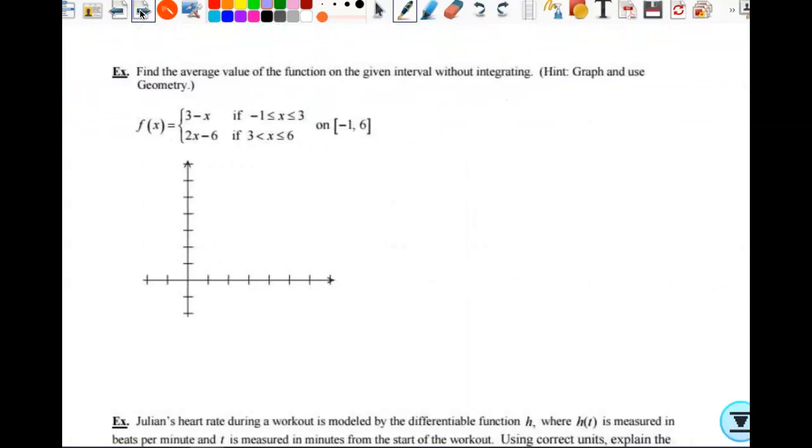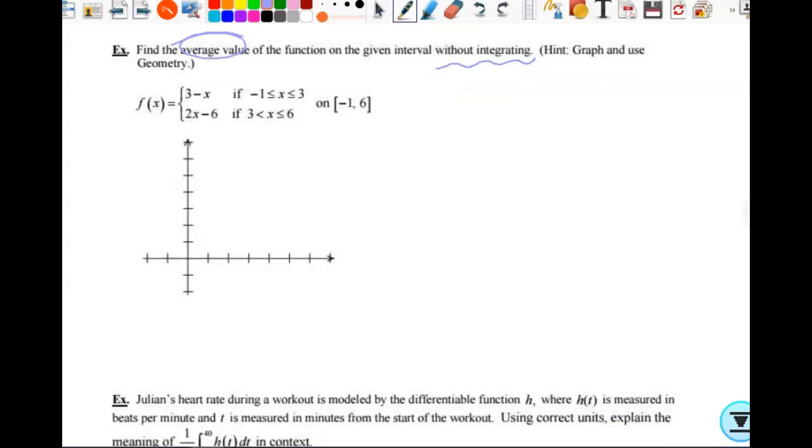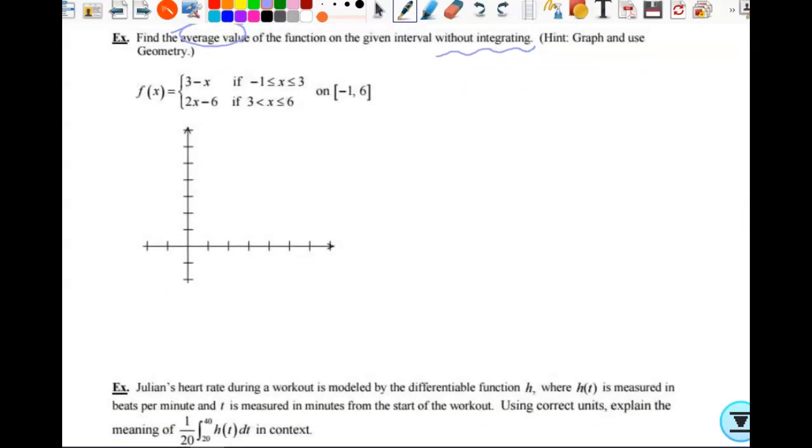All right, find the average value of the function on the given interval without integrating, okay? So that means we're not actually integrating those functions. We are using geometry, and so that means we're using the graph. So let's plot this. From -1 to 3, this is my function.